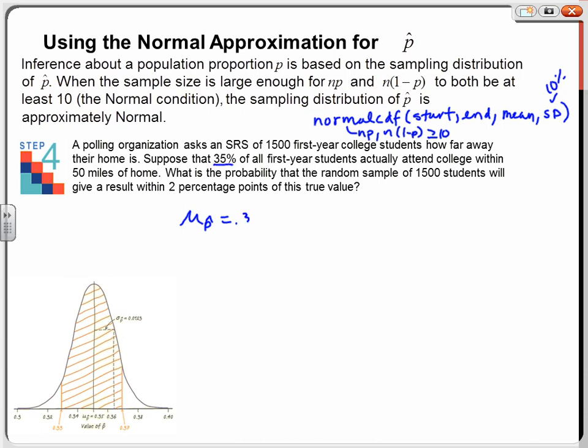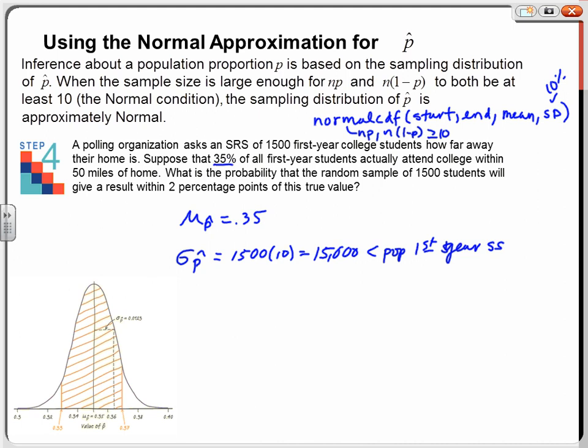Okay, what about the standard deviation? Well, I need to check the 10% rule before I can do the standard deviation. So let's see, if our n is 1,500 times 10, that gives me 15,000. The population of first-year students is definitely bigger than that. Okay. So let's go find it then.